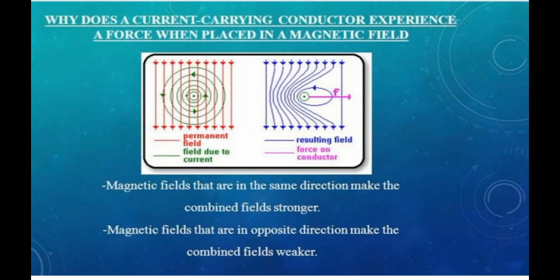The parallel lines are the magnetic field lines, and when a charged particle enters the magnetic field, it experiences a force. Magnetic fields in the same direction make a combined field stronger. Magnetic fields in opposite directions make the combined field weaker.